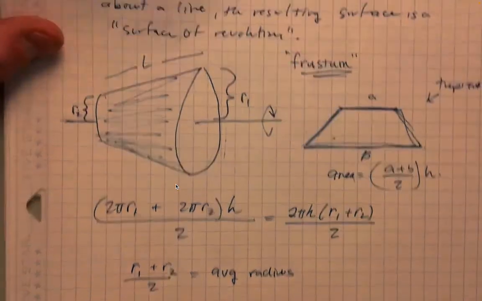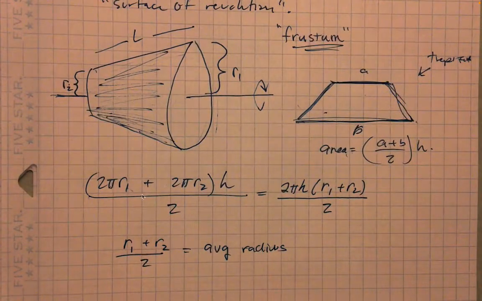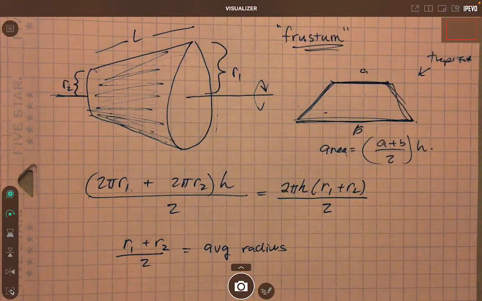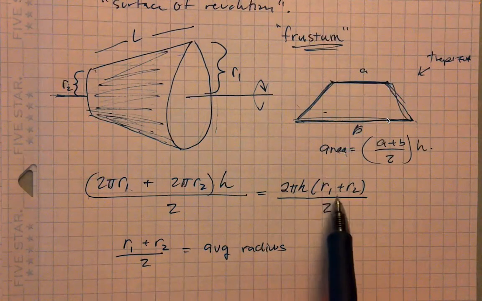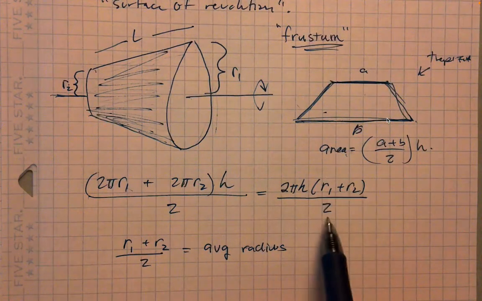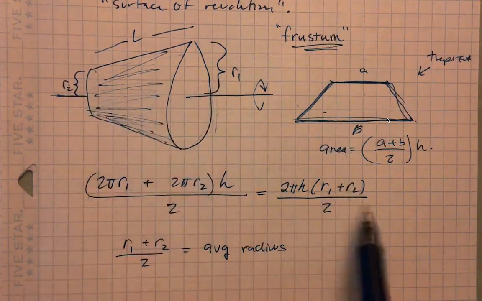right? So depending on who's teaching you about trapezoids, some people will outright state that this is an average calculation here. You're taking the average of the two. Others will tend to think of it as something different, but it really is the average, right? And what we're doing here when we do r1 plus r2 over 2 is explicitly calculating the average of these two numbers and using that.